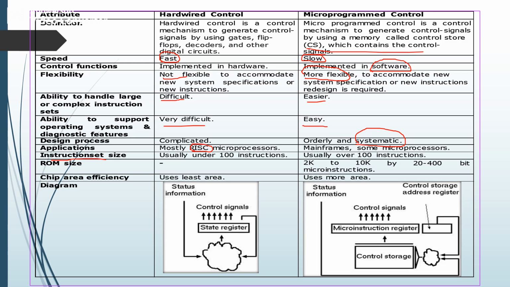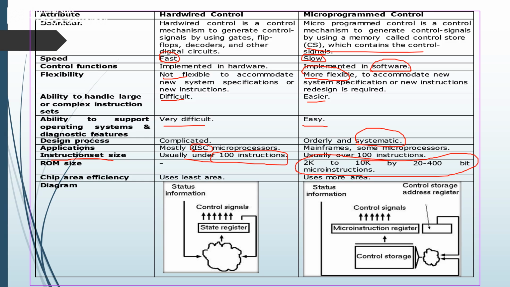The next parameter is instruction set: usually under 100 instructions for hardwired, usually over 100 instructions for microprogrammed. So here the number of instructions is limited within 100, but with the microprogrammed control unit we can consider more than 100 instructions. ROM size: in the case of the microprogrammed control unit, the ROM size required is around 2K to 10K by 20 to 400 bit micro instructions.